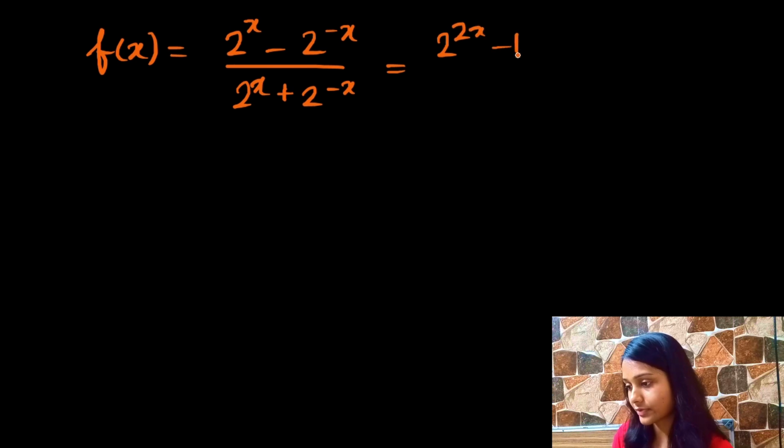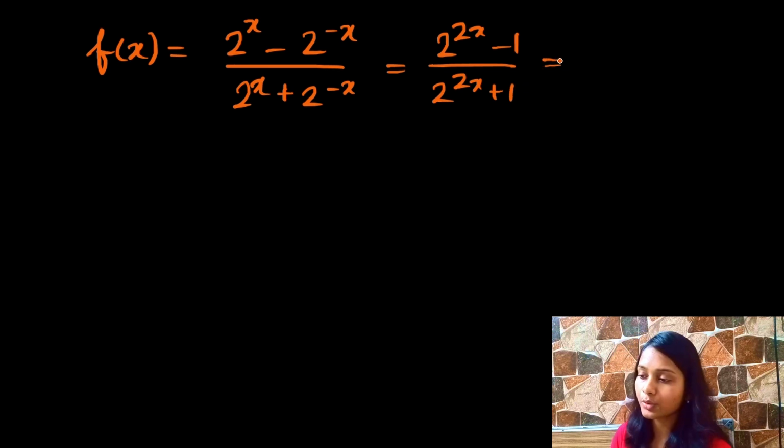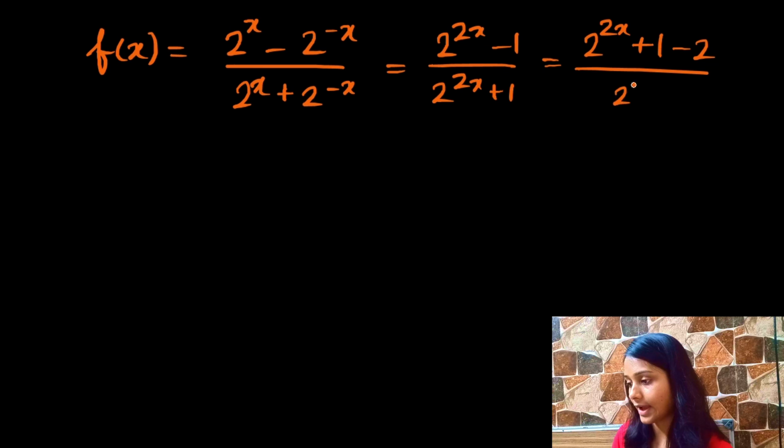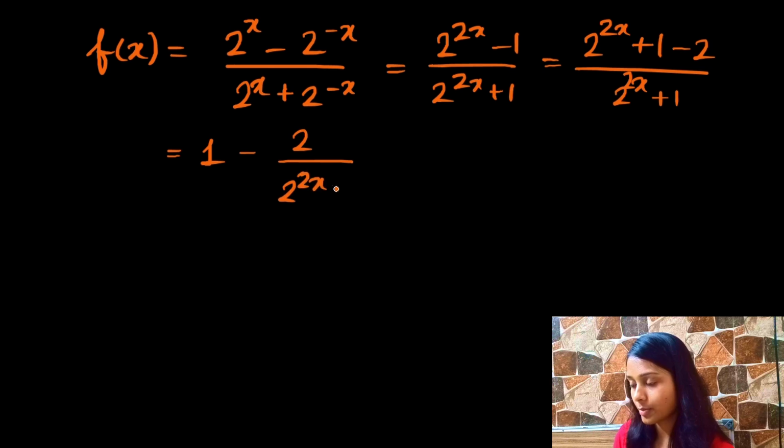We can simplify it using a trick like this, and it will give 1 minus 2 divided by (2^(2x) plus 1). See, here both numerator and denominator had a power x type of term, but here only the denominator has a power x type term, so it is much simpler.